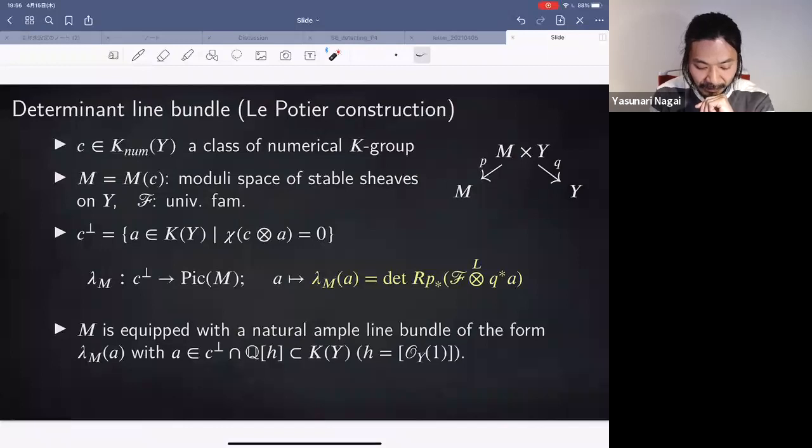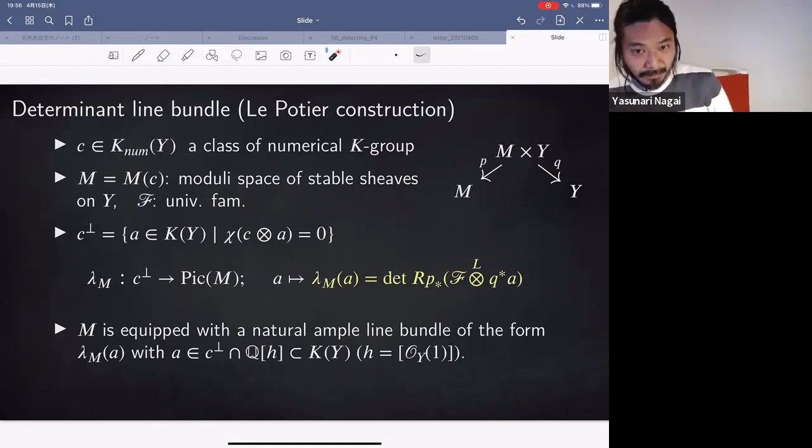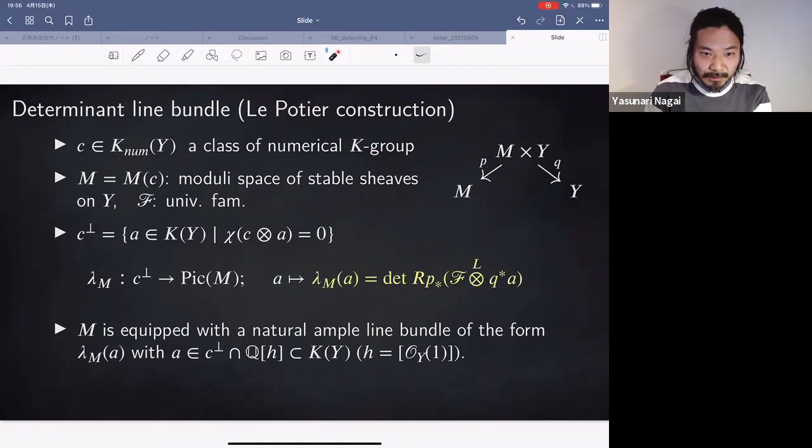Whenever we take an element from this c-perp, we can form a determinant line bundle on the moduli space M. So this gives some line bundle on M. And actually, by the GIT construction of the moduli space, this moduli space M is equipped with a natural ample line bundle of this form, and this A comes from some good subgroup of the K group.